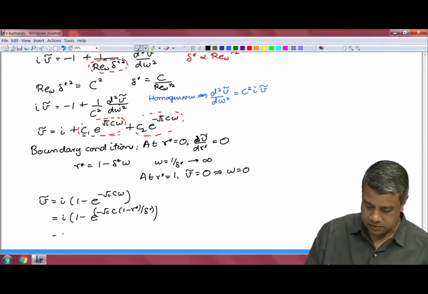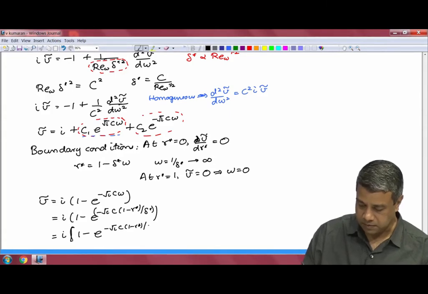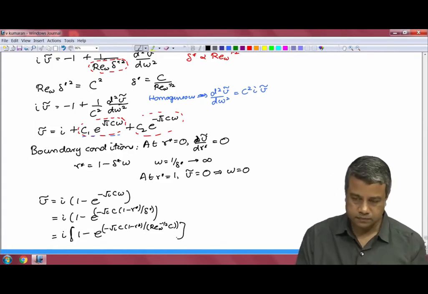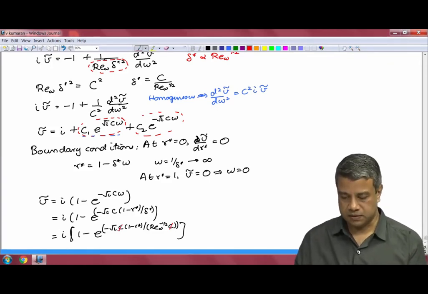So, this is equal to I into 1 minus e power minus root I C into 1 minus r star divided by Re omega power minus half into C. And you can see that these constants cancel out.